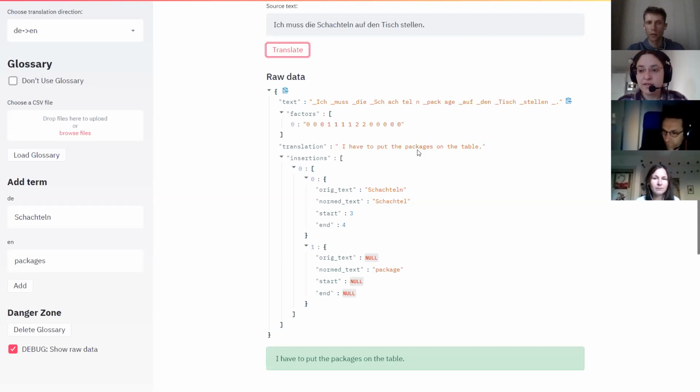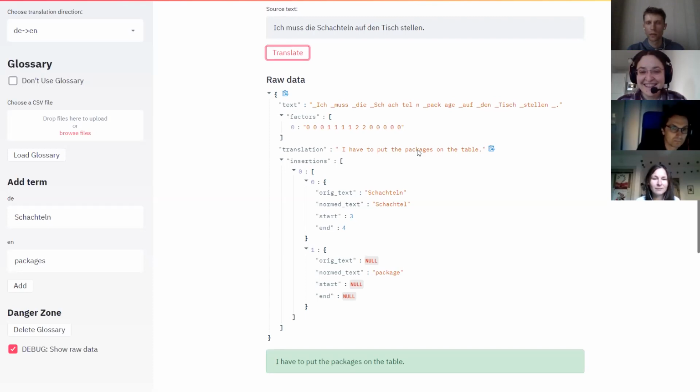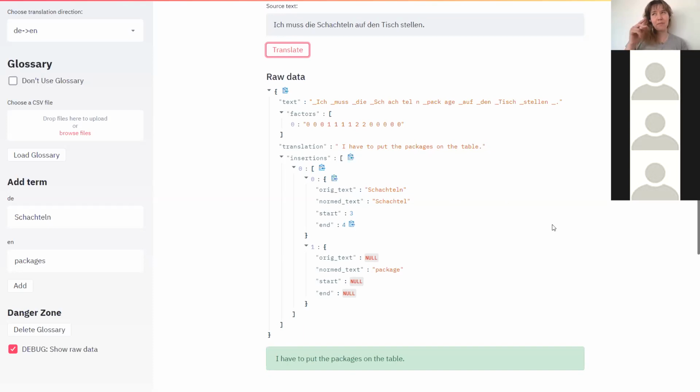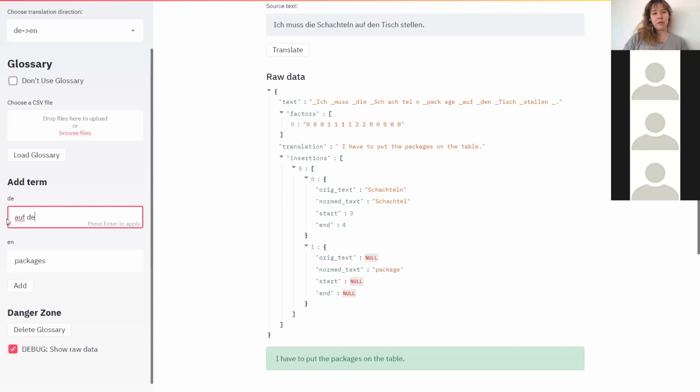I've just thought about something we could do with this example about the Schachteln. I think it's very interesting that you do use parameters inside. So I think if you add an entry for auf dem Tisch, so in dative.